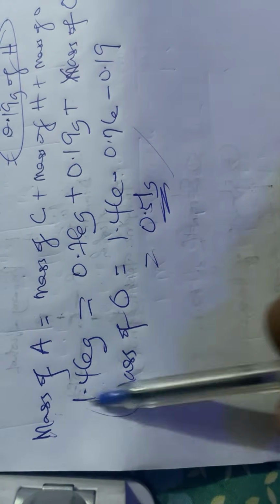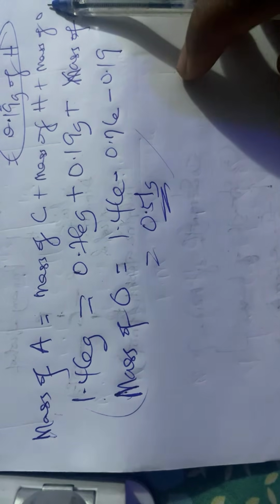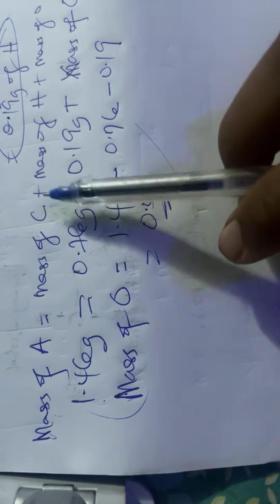Are you seeing how easy it is? So basically, when you get the values for carbon and hydrogen, use the mass of the compound to get the mass of O. Just substitute. Mass of A is mass of C plus mass of H plus mass of O, because the organic compound should contain carbon, hydrogen, and oxygen before it can combust.